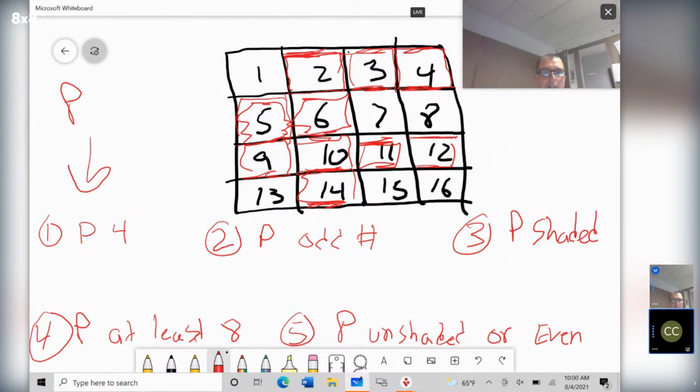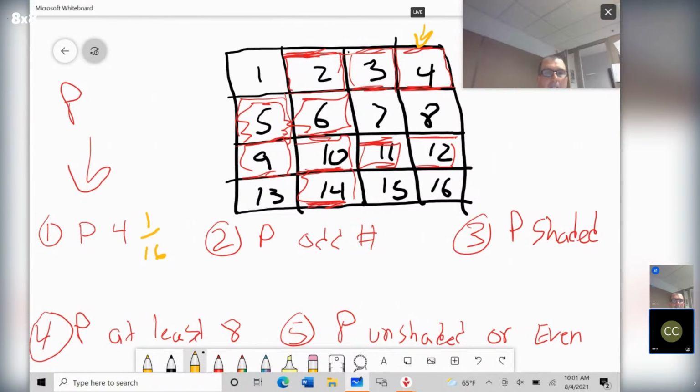What we're going to do is see how many numbers there are. There's 16 squares, and 4 only occurs one time. So the probability of getting a 4 is going to be 1 out of 16.